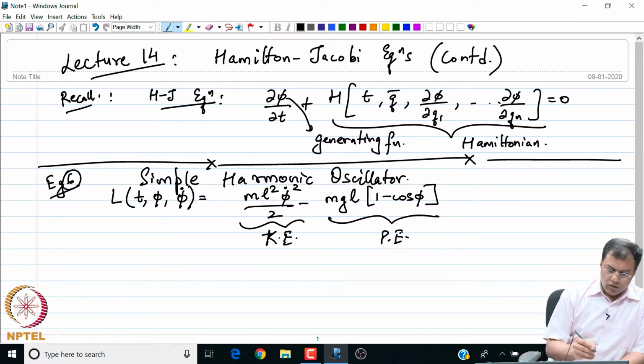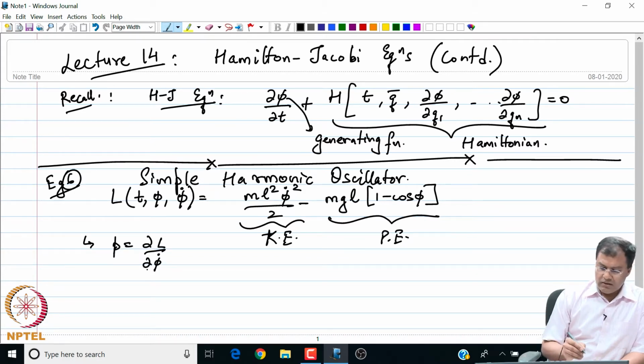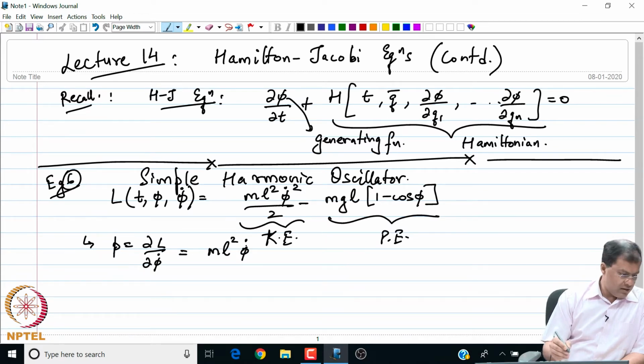Note that the next stage of solving the Hamilton-Jacobi equation is to write the conjugate variables. To determine the conjugate variables, we have p, which is del L del phi dot. This is a problem with one dependent variable phi. So, del L del phi dot, the only phi dot appearing is in the kinetic energy, will give us m L square phi dot, and my Hamiltonian is the sum of the kinetic plus the potential energy.